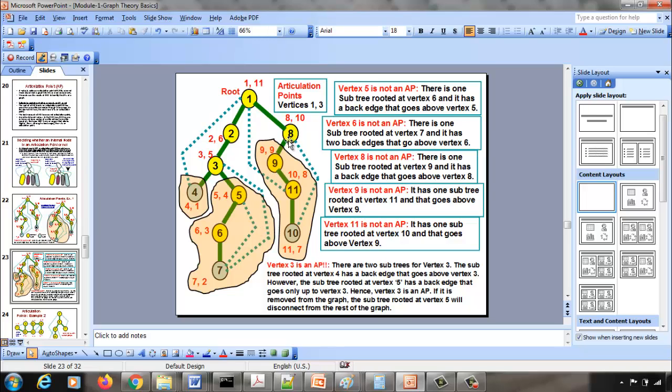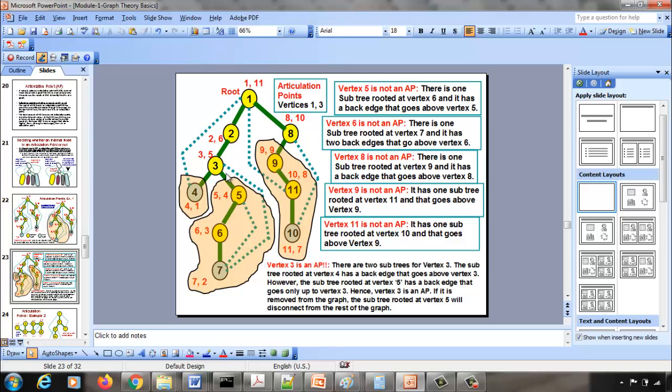Now what about 8? There is a subtree involving 9, 10 and 11, and there is a back edge from that subtree that goes above 8. There's another back edge that goes only up to 8, but there's this back edge between 11 and 1 that goes above 8. Because of that, 8 is not an articulation point.